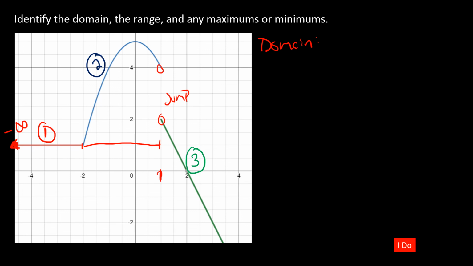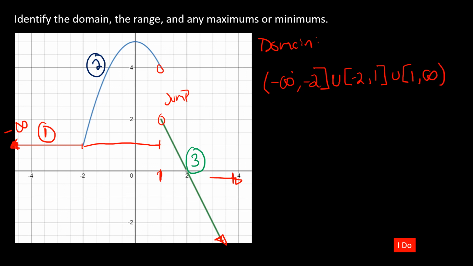So we can break this down from negative infinity to negative 2, and we include that negative 2. We're also going from negative 2 to 1, and then we have that jump from 1 to, and it goes forever to the right, to infinity.